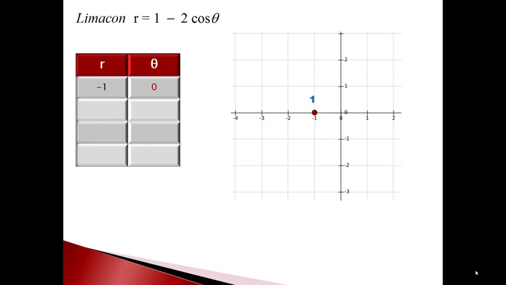When theta equals pi over 2, r equals 1, we obtain the second point. When theta equals pi, r equals 3, we obtain the third point. When theta equals 3 pi over 2, r equals 1, we obtain the fourth point.